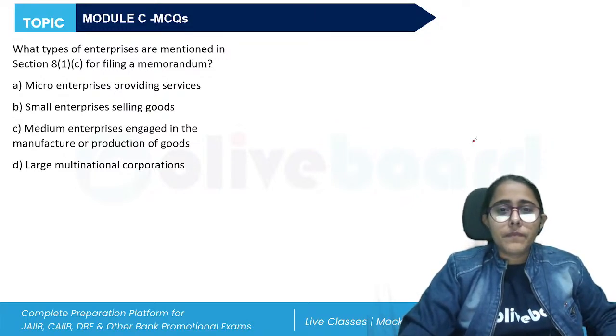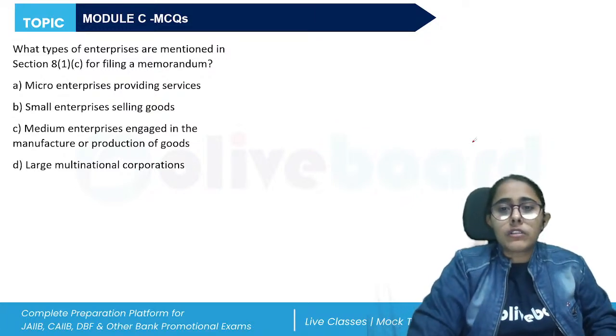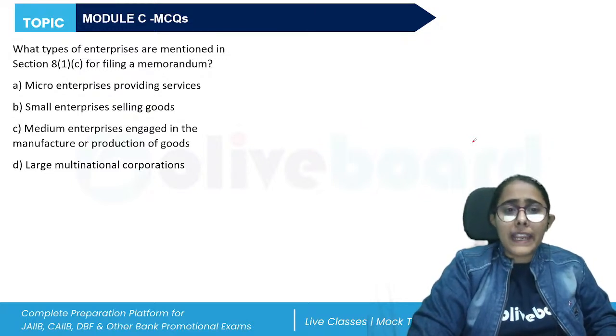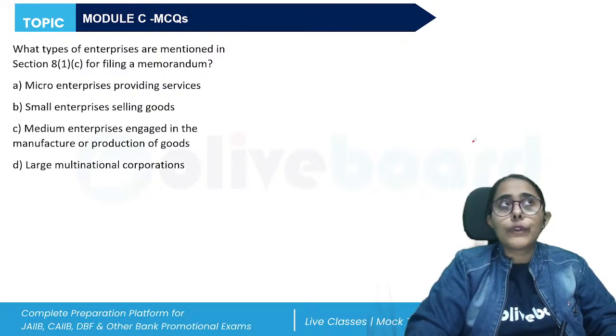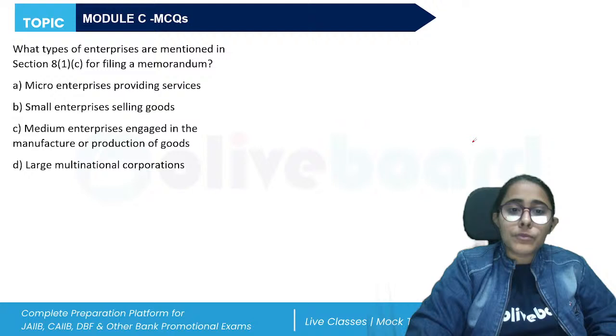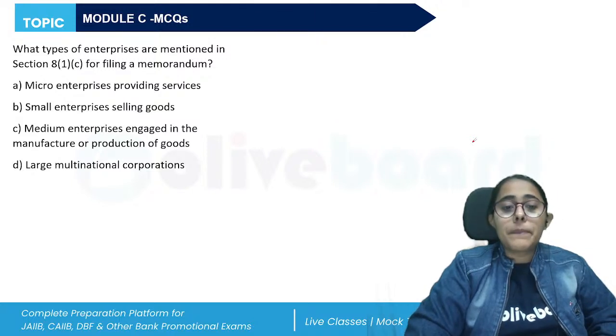So a memorandum by the micro, small or medium enterprise is required to be filed under section 8. So any person who intends to establish a micro, small enterprise or a medium enterprise shall do so.